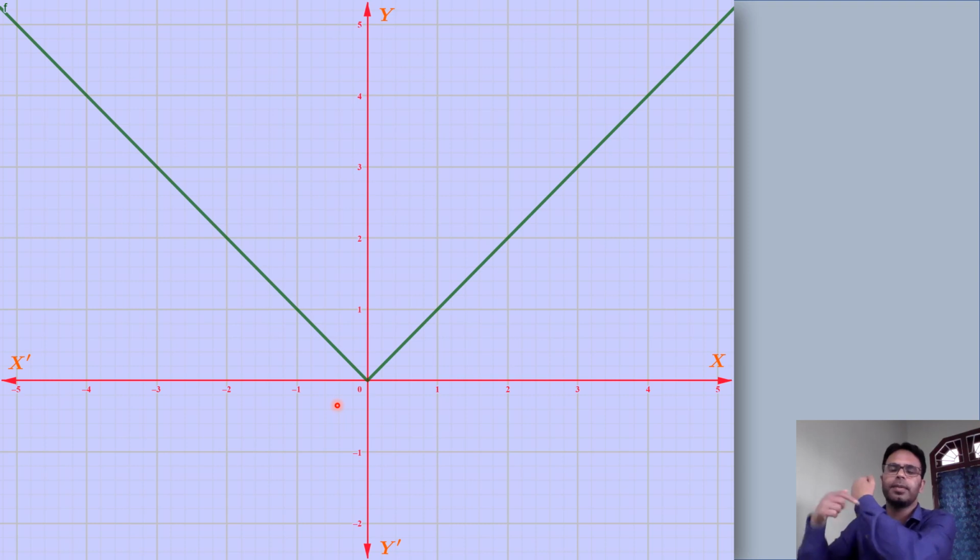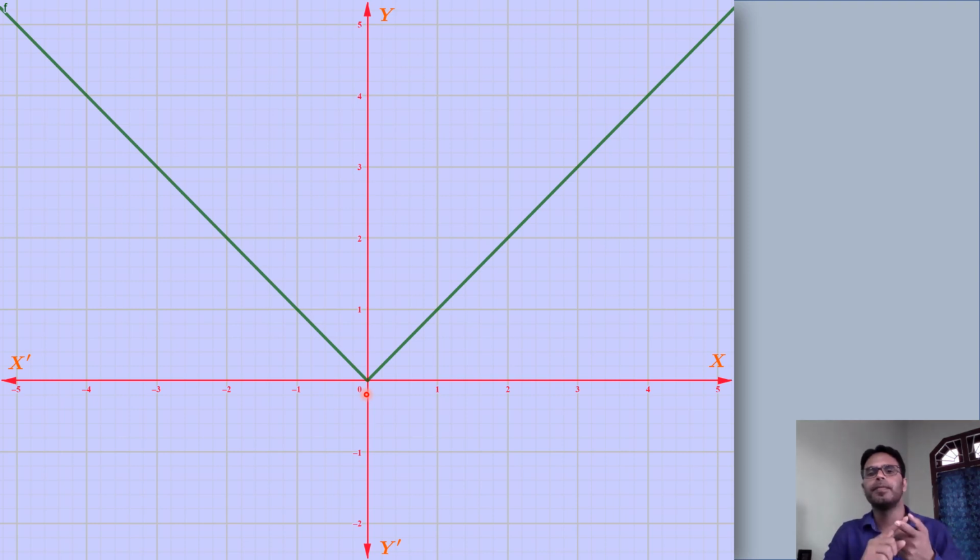If a sharp turn is there, then at that point where the sharp point exists, it is not differentiable. It may be continuous, but it can never be differentiable at the sharp points of the graph, and here the sharp point is at the point 0. So by just observing the graph of any function, you can say whether that function is differentiable or not at some particular points.